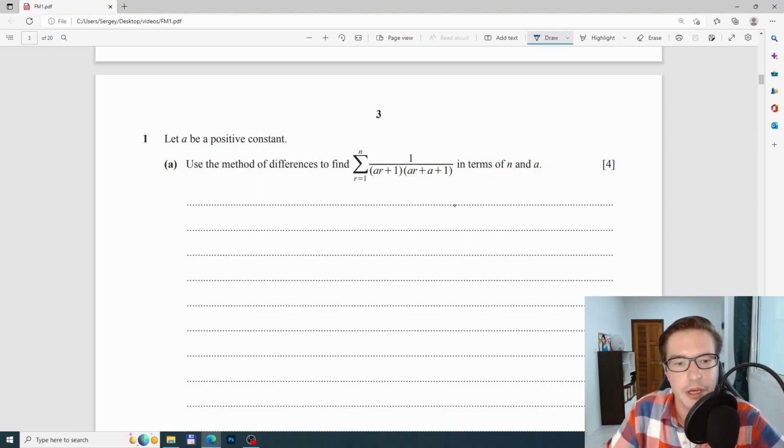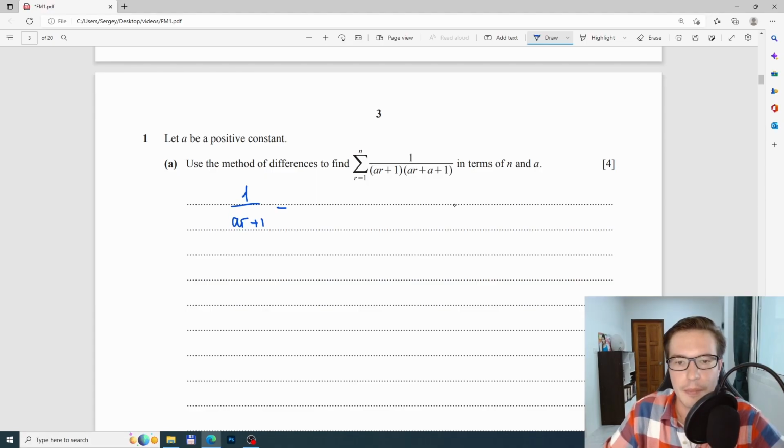So first of all, I will try and find the difference of the two fractions. I'm going to combine them together and use the common denominator.